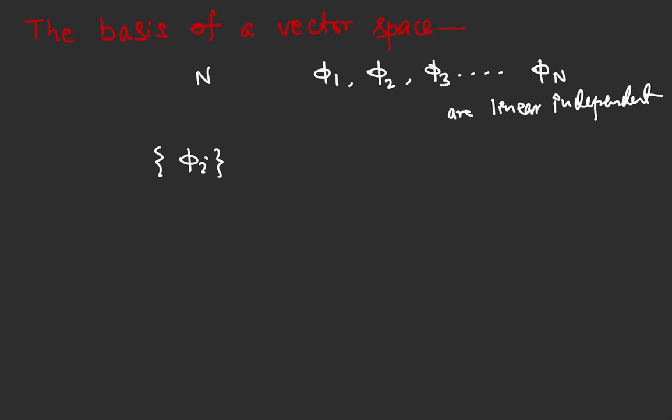So the basis of a vector space is a set of the maximum possible number of linearly independent vectors. This set phi_i will be the basis of the vector space, and it is denoted by the set phi_i. These vectors phi1, phi2 up to phi n are called the base vectors.